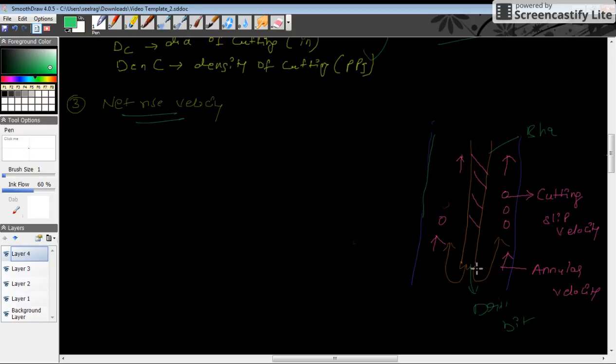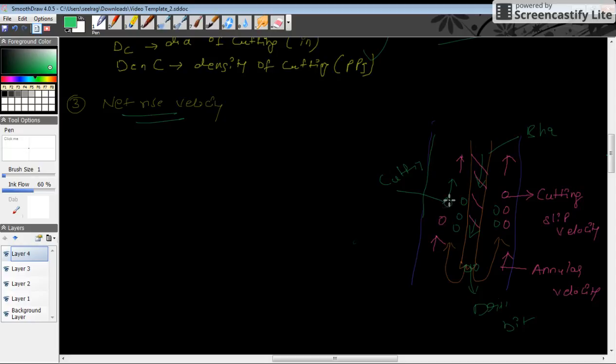Through the drill bit nozzles, the mud is circulated into the annulus. The drill bit is generating drill cuttings, and these cuttings need to be transported to the surface through the annulus.